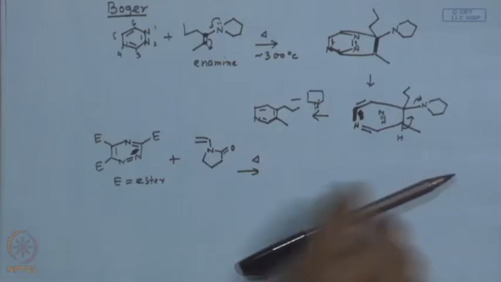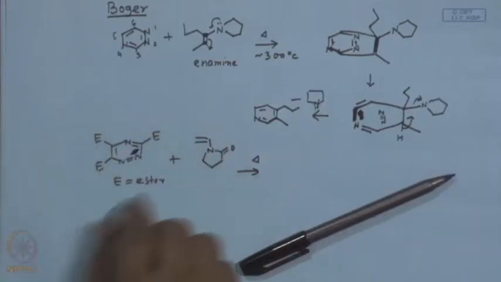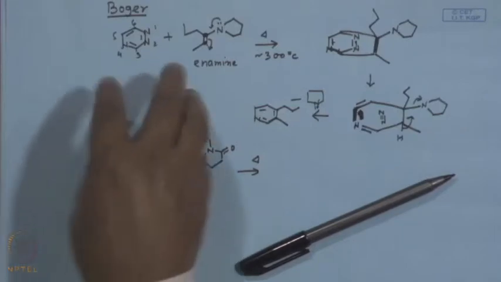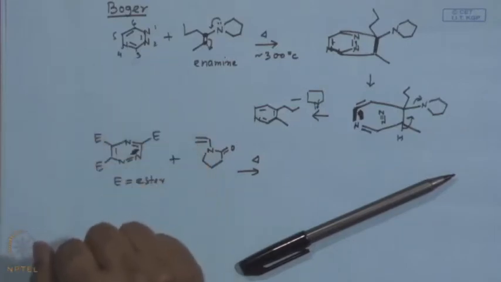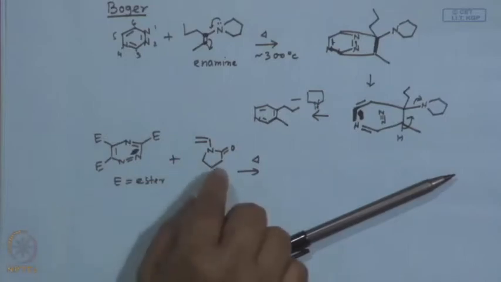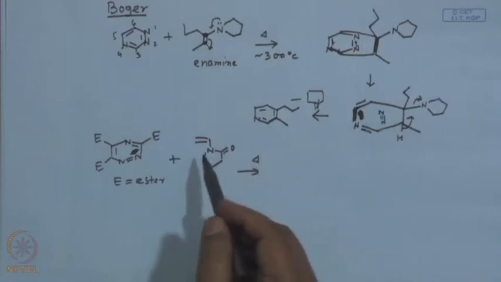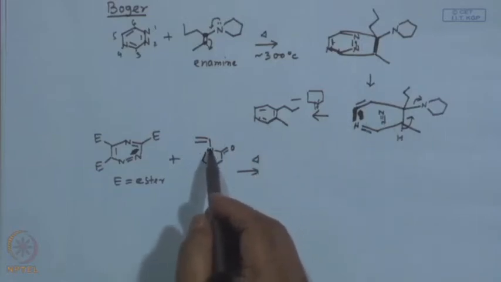Okay. So, the way we have been writing is easier to make out now. We have already known that, okay, triazine is a diene system, an electron deficient diene system. So, this should be an electron rich dienophile. Okay. And now you have to see the orientations.